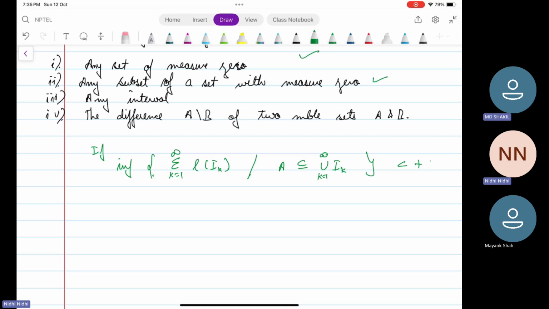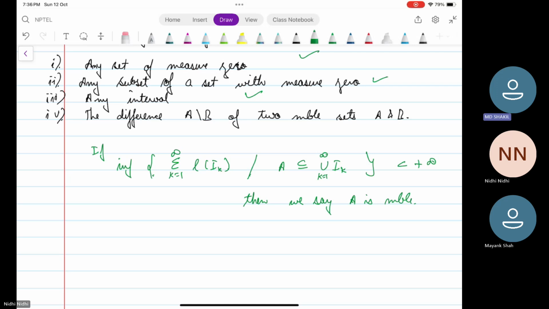If this is finite, then we say A is measurable. So any interval covers itself, so eventually the interval will also be measurable. And what about the difference?